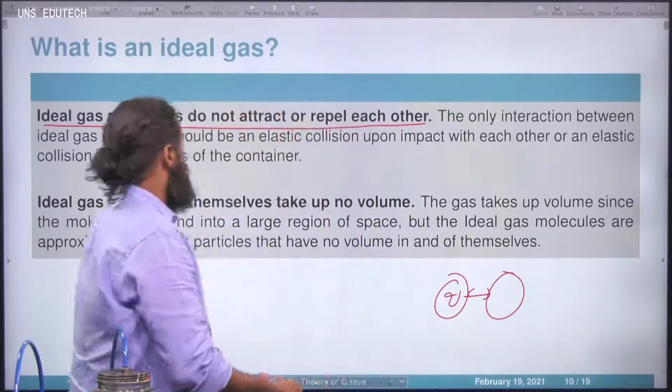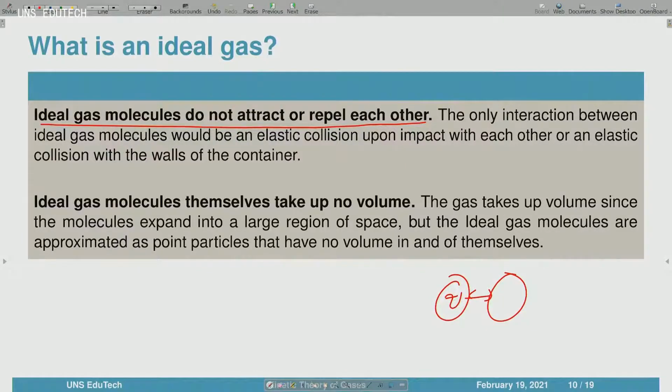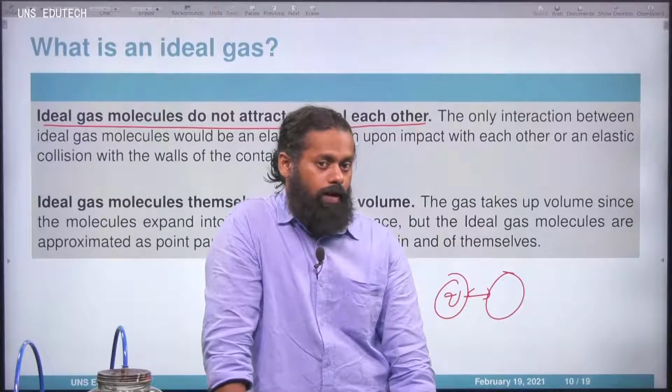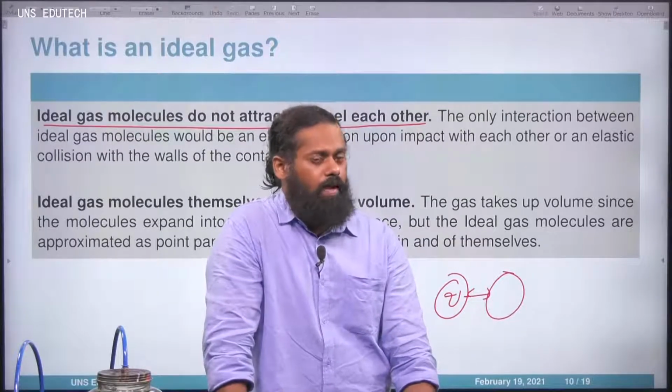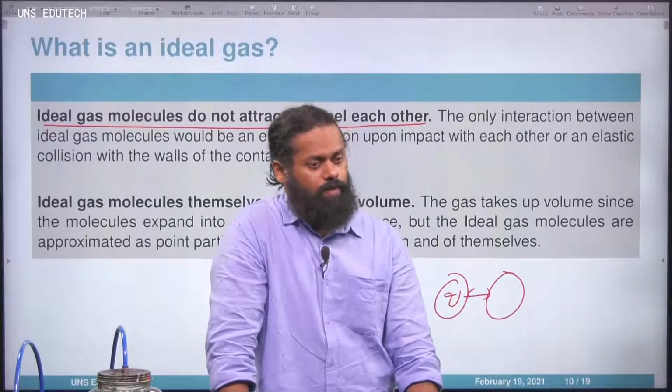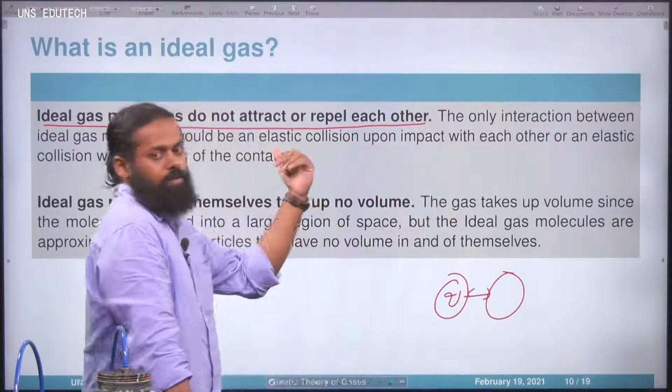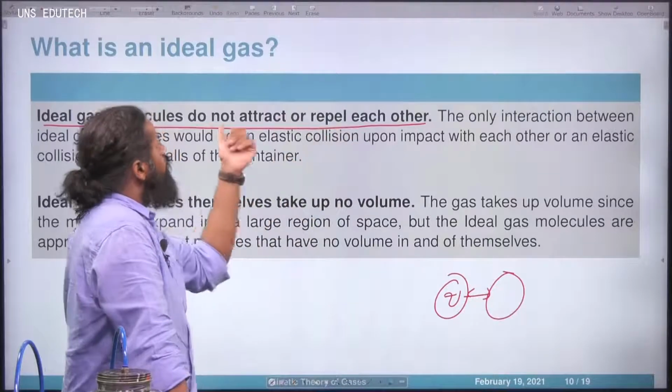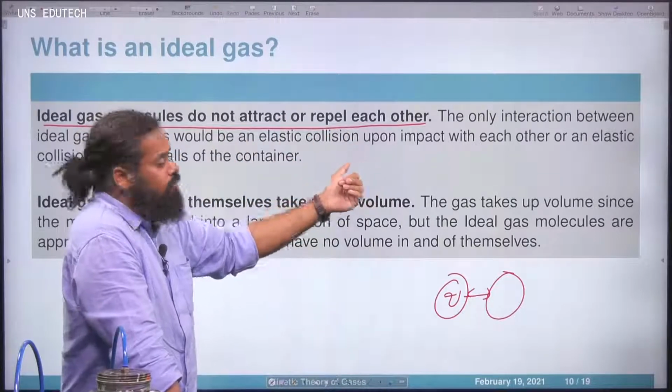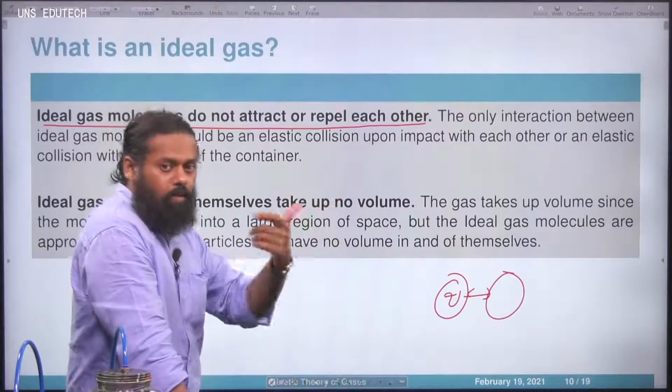Now the second assumption is that the molecules themselves take up no volume. Basically we are considering every particle as a point particle and assuming that they are not taking considerable volume. That's also important. In real life that is not the case; in real gas that is not the case. The reality is completely opposite: the particles will be interacting with each other, and inelastic collision is possible.